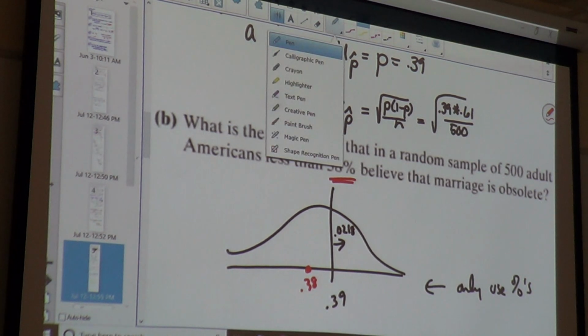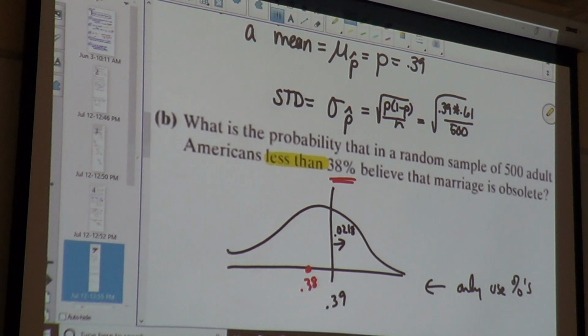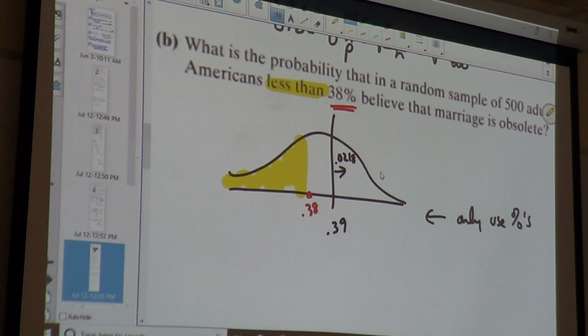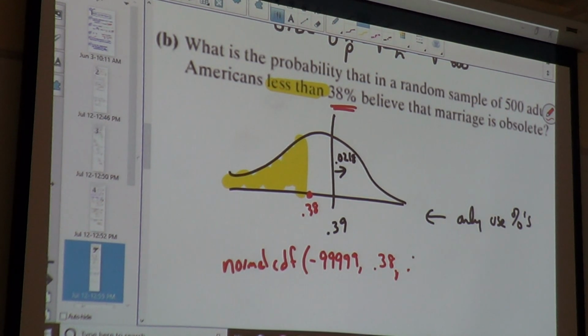We want less than, so we're going this way. Because we're doing probability, that means we're going to do normal CDF. Where did my shade begin? Where did my shade end? My mean and my standard deviation.